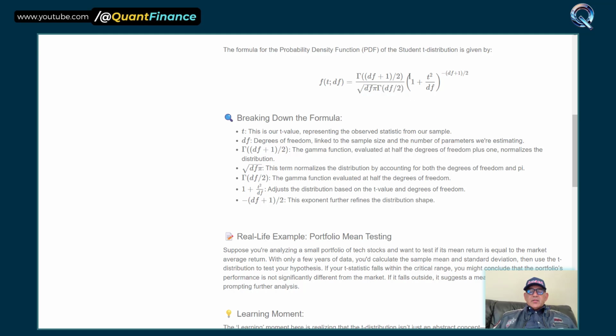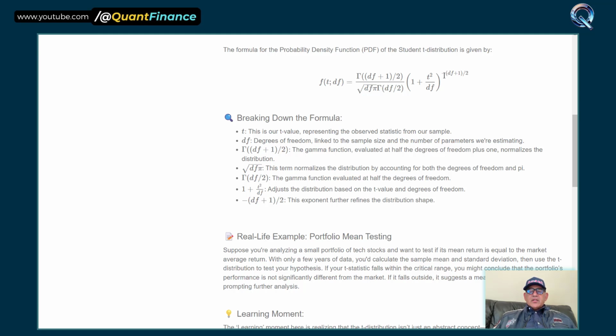And this next part here, which has an exponent also, 1 plus t square divided by df, degrees of freedom, adjusts the distribution based on t value and degrees of freedom. So the t value is squared and it is divided by degrees of freedom.